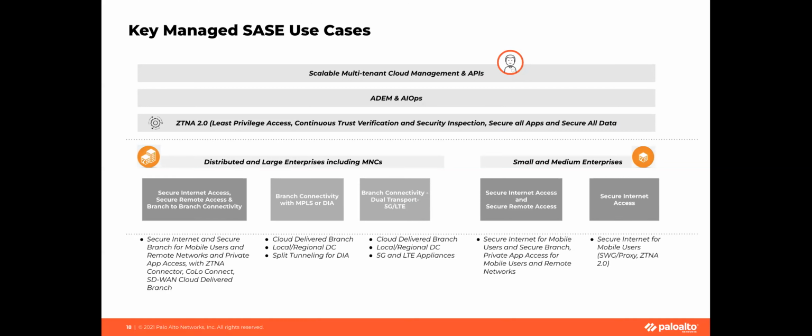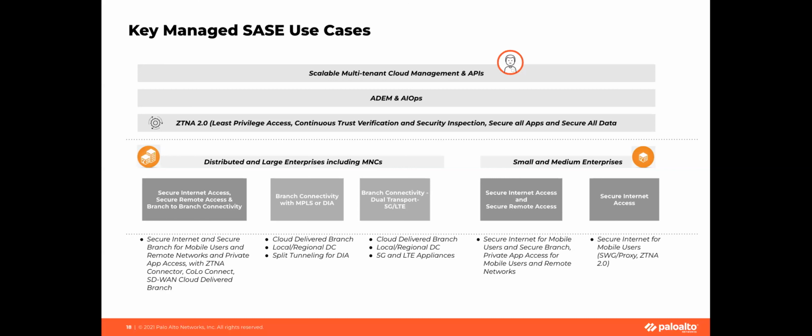This slide is based on our conversations with our service provider partners who offer managed SASE services. What we've observed is a distinct set of use cases based on different market segments. For example, small and medium enterprises often have a mobile workforce accessing internet applications, so secure internet access for mobile users becomes a critical use case for them.